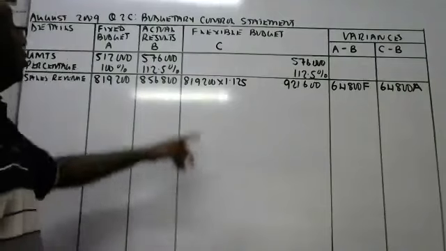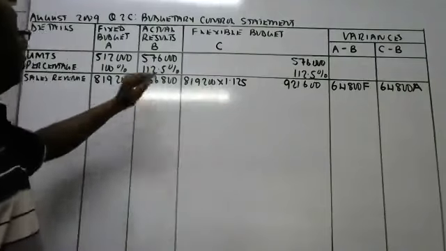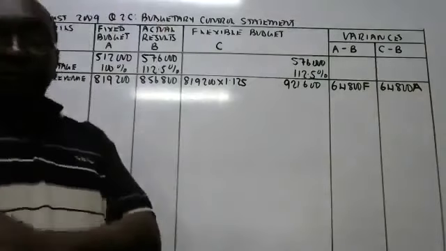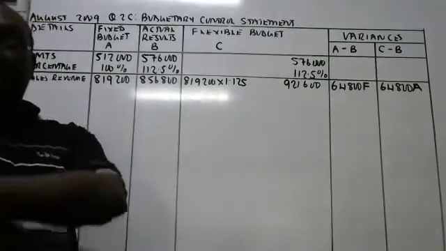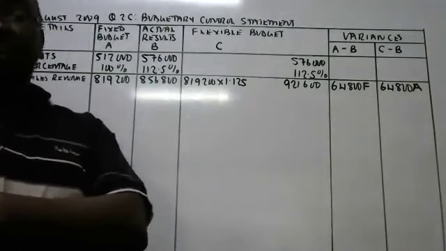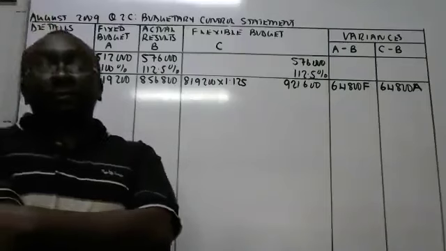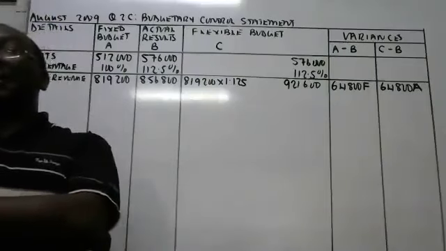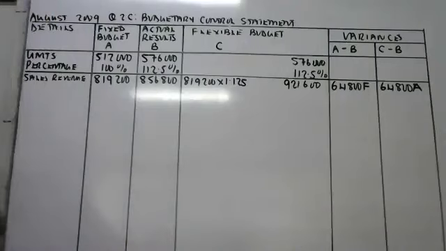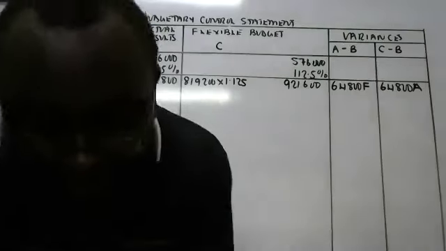The 1.125 is this one, 12.5 divided by 100. Is that okay? A minus B, you're getting a different answer. What are you getting? 37.